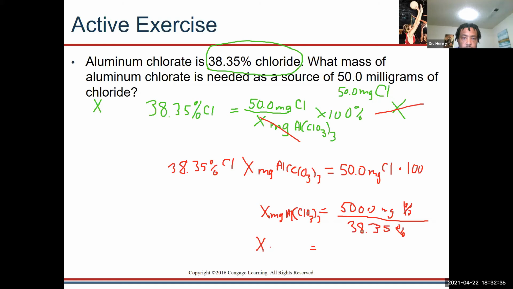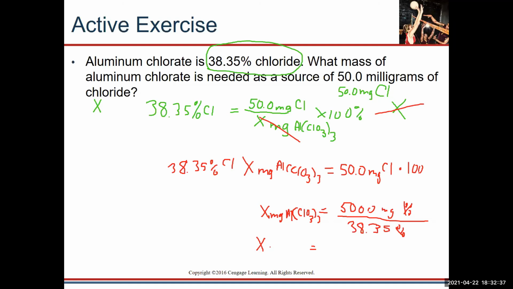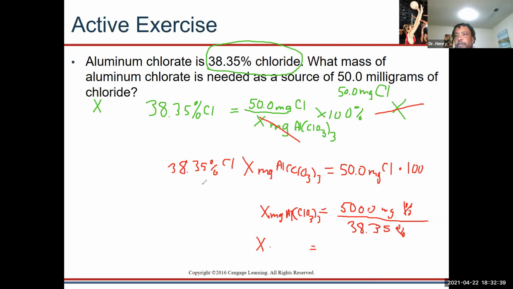How did the 38 move to the other side? I divided both sides by 38, because this is 38 over here, right? That's what I started with on this side of the equation. So if I divide this by 38.35%, I divide this guy by 38, because what I do to one side, I have to do to the other side.